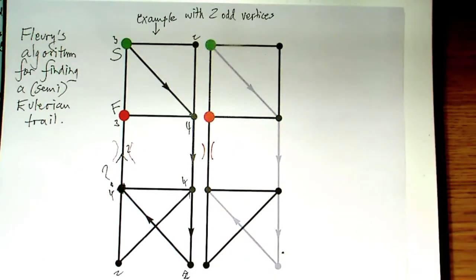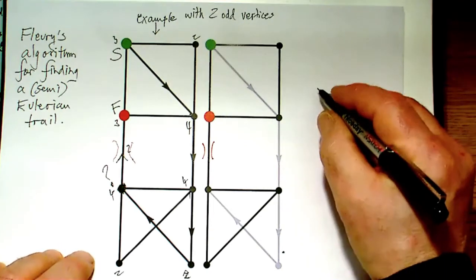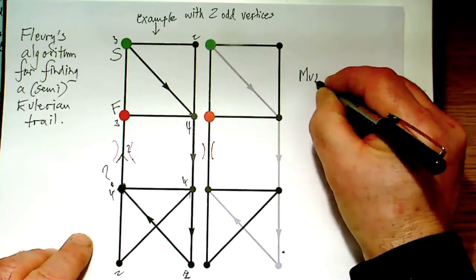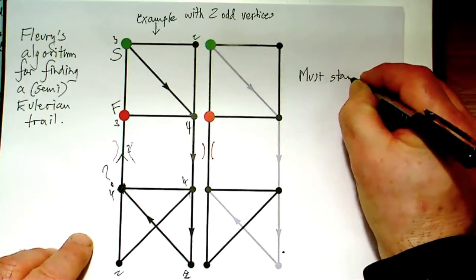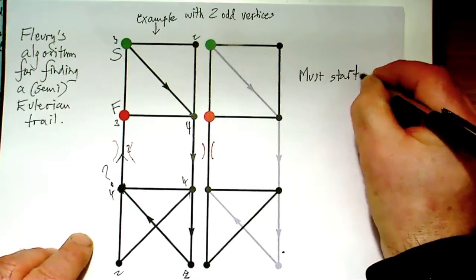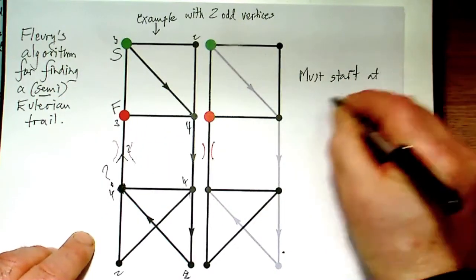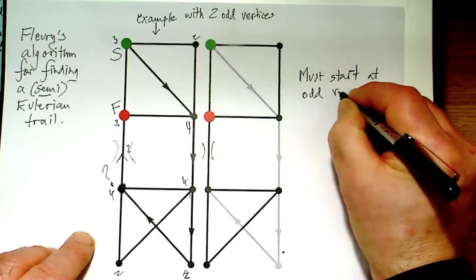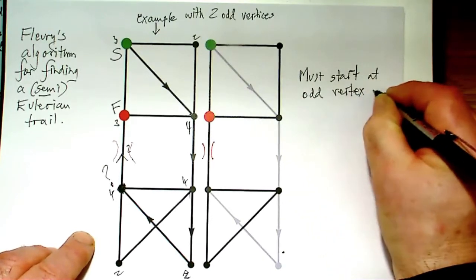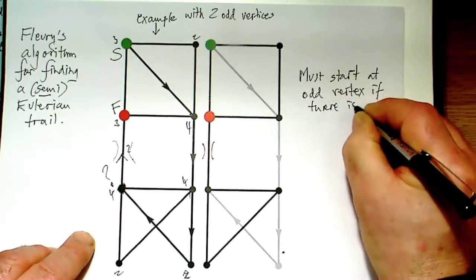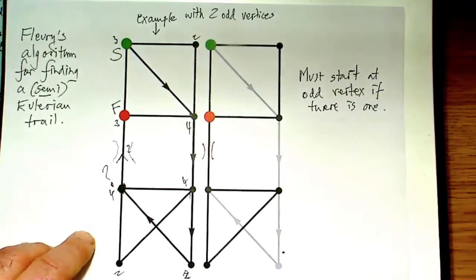So when you avoid bridges, the algorithm basically says, there's just one basic idea. First of all, you must start at an odd vertex if there is one. This is for semi-Eulerian trail, otherwise there's no hope. A vertex of odd degree if there is one. Otherwise it doesn't matter. That's the first principle.